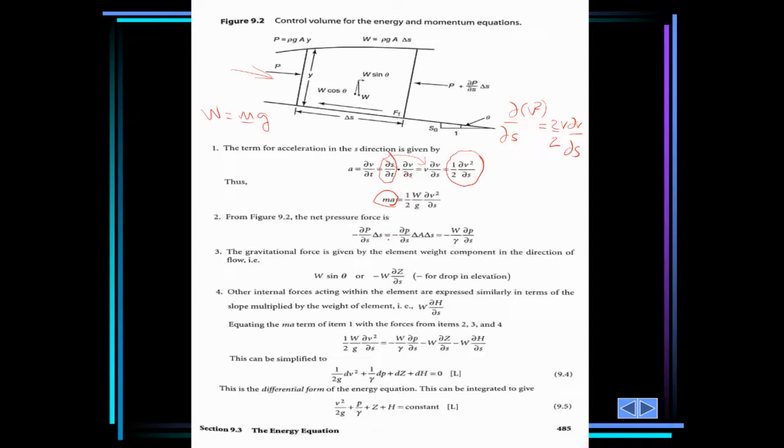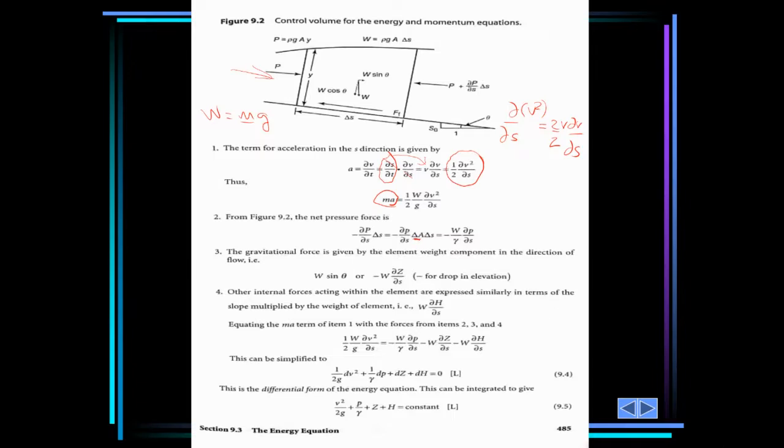So we will have the net pressure force equal to this, and this is the pressure acting, and then we multiply by the area to give the pressure force, and when we multiply by the area, we have the volume now.